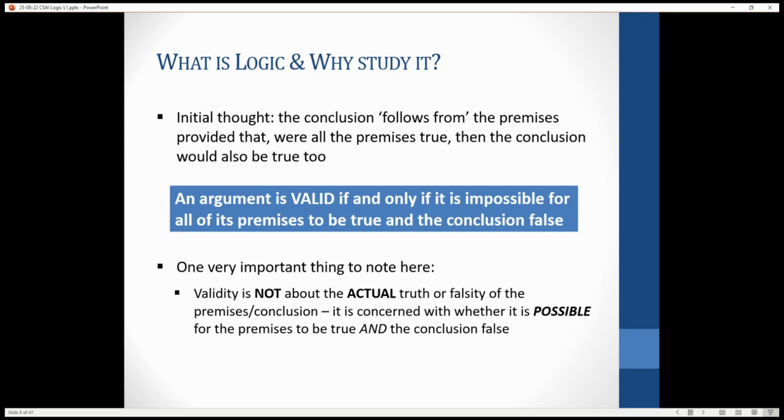So the basic idea about validity is to give us a way to understand this notion of follows from. The intuitive thought was a good argument is one where the conclusion follows from the premises. Or another way to put it is, whenever the premises are true, it guarantees the truth of the conclusion.